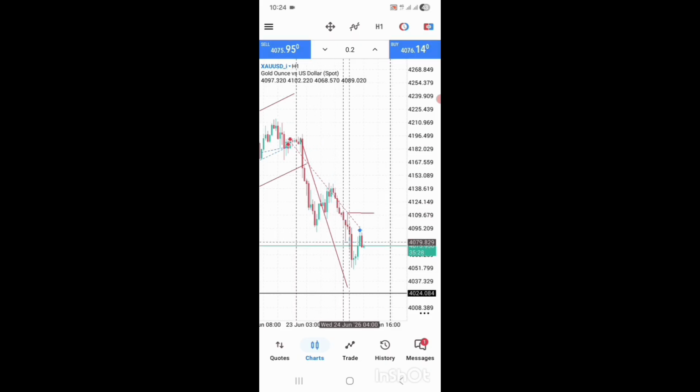And then when I woke up this morning, I saw this retrace, and I was afraid of this. I was like, no, if it passes this high here, that means it's a change of character, which is risky. I don't know if price is going to go all the way down, but I would like to see what it does.